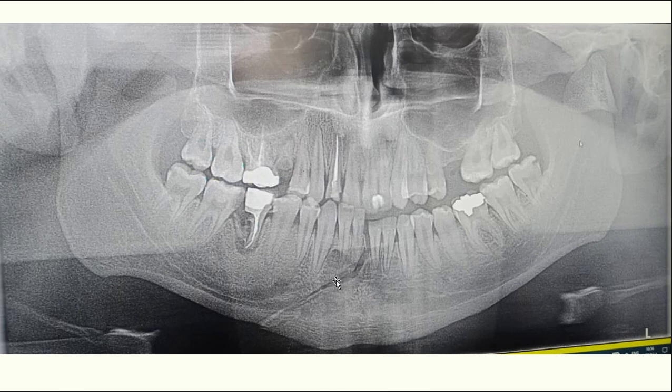We can see symphysial fracture here. We can see an abnormal looking fracture of the root here. Remaining roots, the wisdom teeth. So this is an abnormality that I can see with the panoramic X-ray.